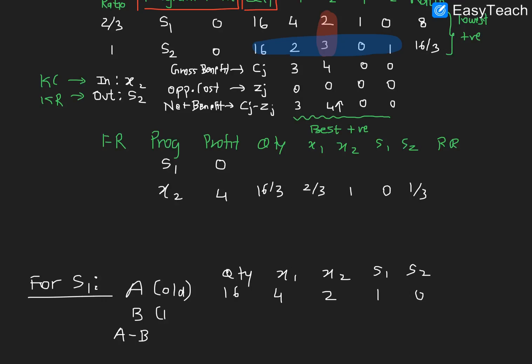Then B is simply key row multiplied by fixed ratio. So this is our key row and this is the fixed ratio for S1. For S1 the fixed ratio is 2 by 3. So basically it is going to be 2 by 3 multiplied by each one of these numbers in blue. So we'll have 16 into 2 by 3, that's 32 by 3.